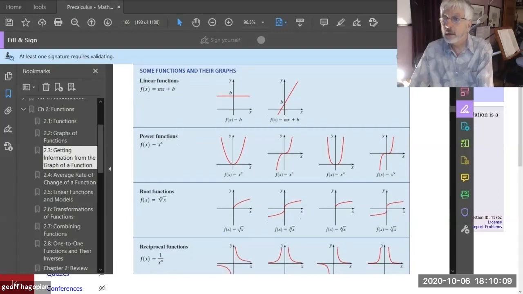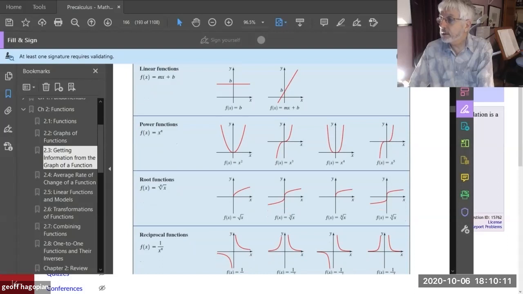So root functions, you got your square root, the domain is restricted. Your cube root, the domain is not restricted, right? Because you can take an odd root of a negative number. -1 cubed is in fact -1, so the cube root of -1 is -1. The cube root of -8 is -2, and so forth.